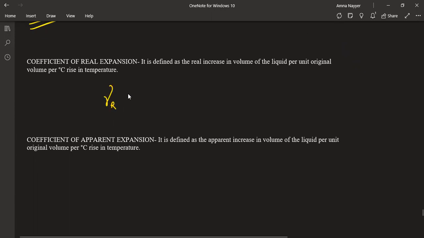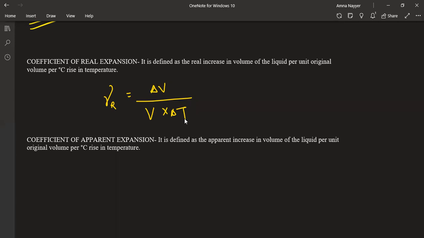Real increase in volume means delta V, the actual increment in the volume, per unit original volume that is present, per degree rise in temperature delta T. This is the coefficient of real expansion.